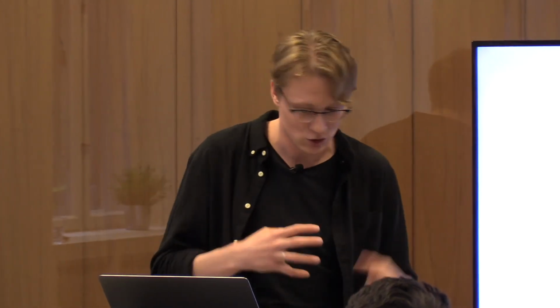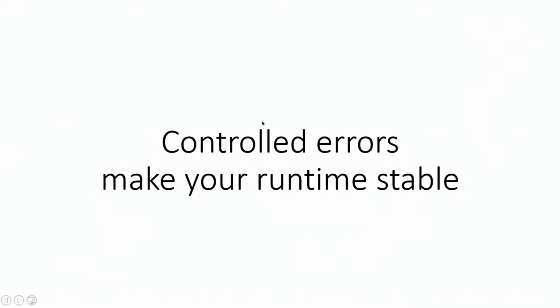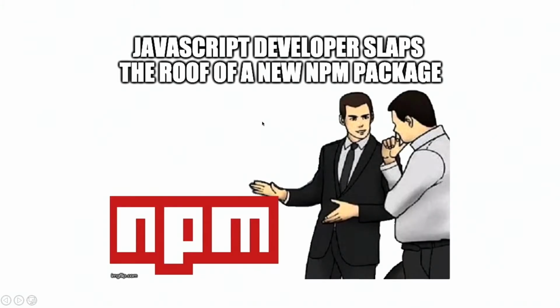Your unhandled error ends up literally on the user's computer, not providing a proper user experience, which is pretty horrible. And we work with a culture that comes from server-side oriented programming. So controlled errors make your runtime stable. That's pretty much the idea.